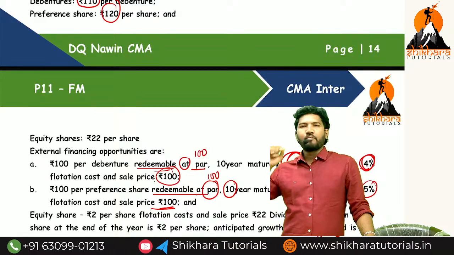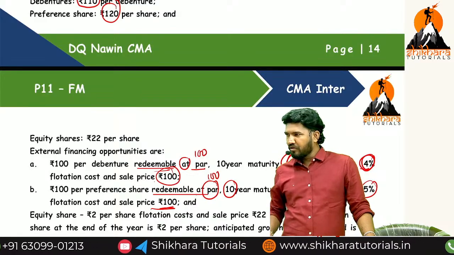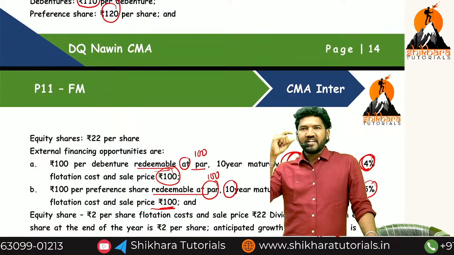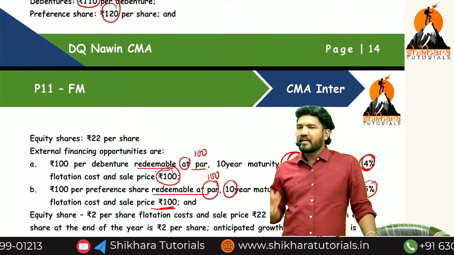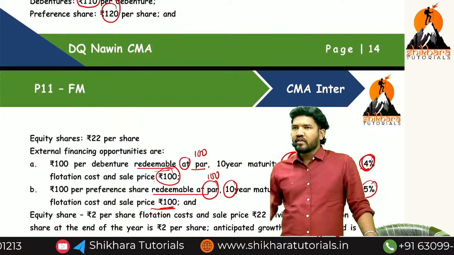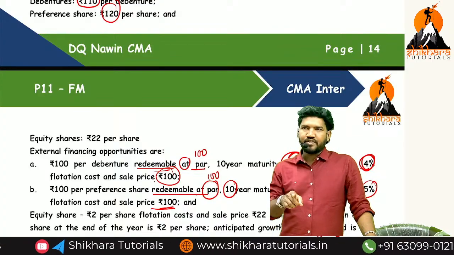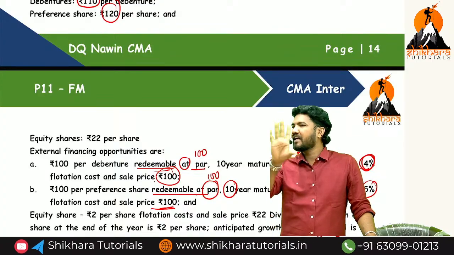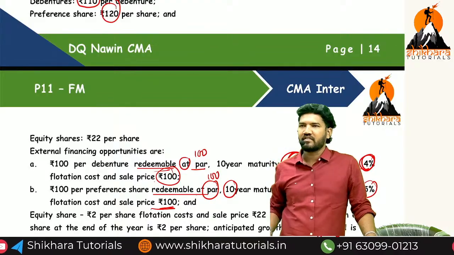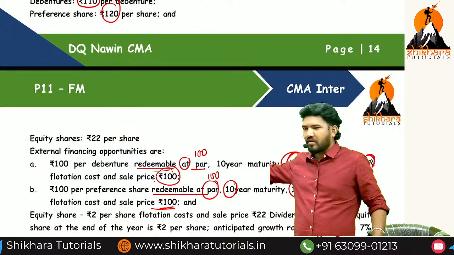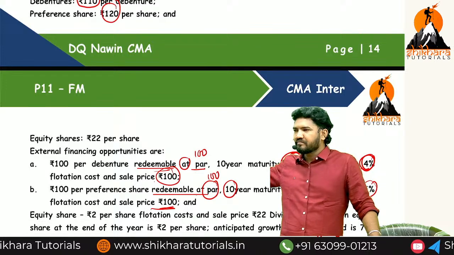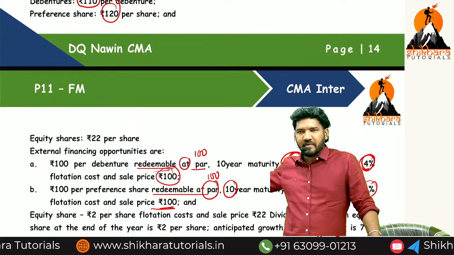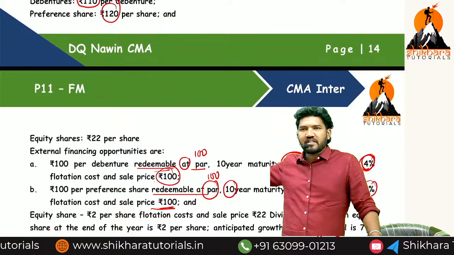But in the board book, one note point is mentioned clearly: from the debenture point of view, if they give both market price and net proceeds, you have to consider market price. But in this solution, which ICMA itself provided, net proceeds information of the debenture is there, and market price of the debenture is also there.